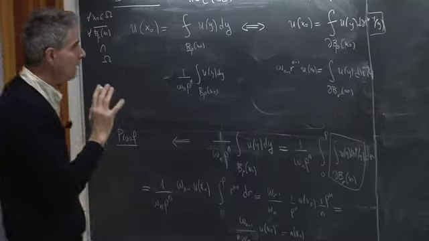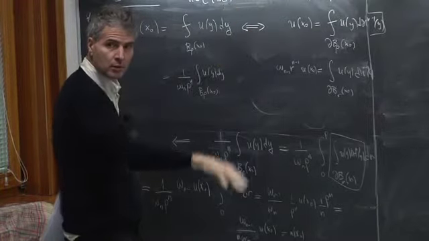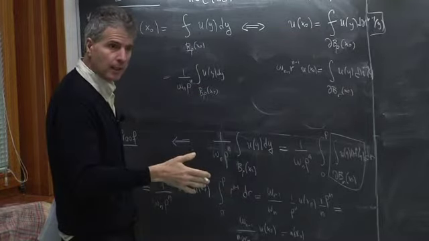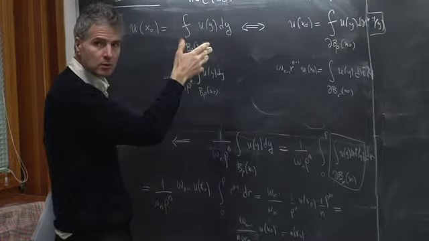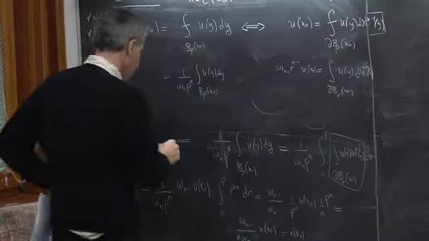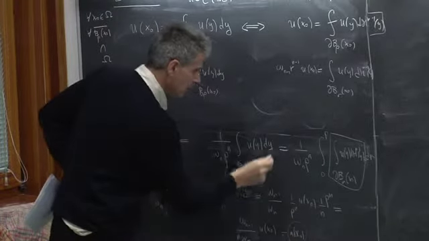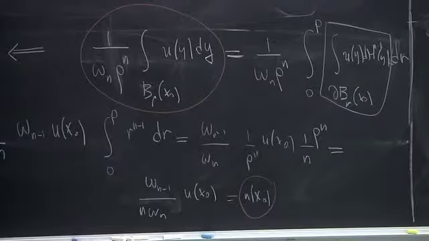Therefore, we have shown that if you satisfy the mean value formula on surfaces of the balls, then it satisfies the mean value formula inside the balls. Because at the end, we have shown that this is equal to this. Okay.